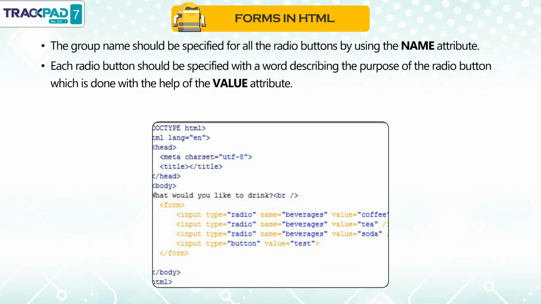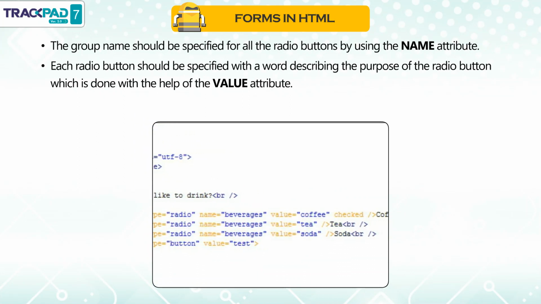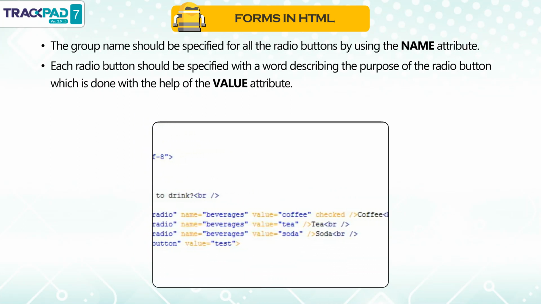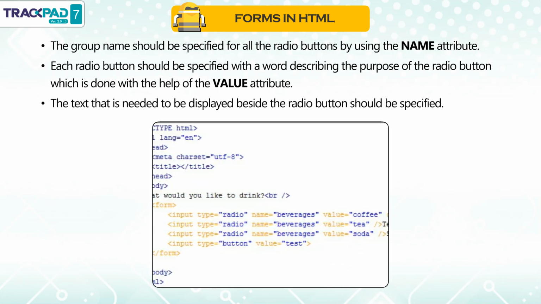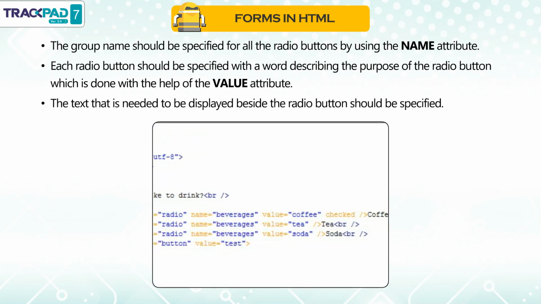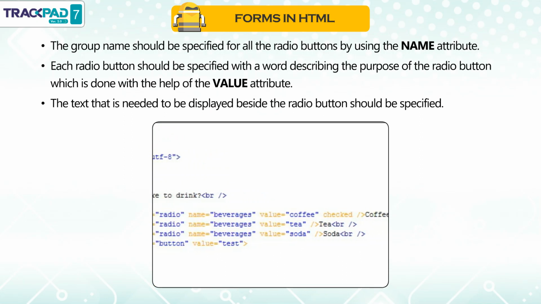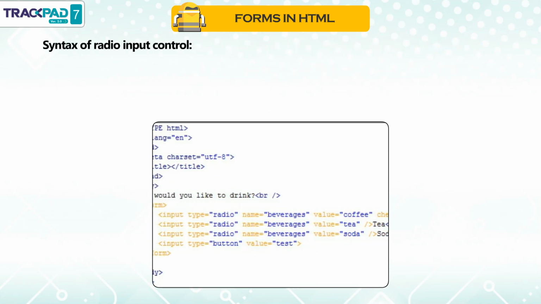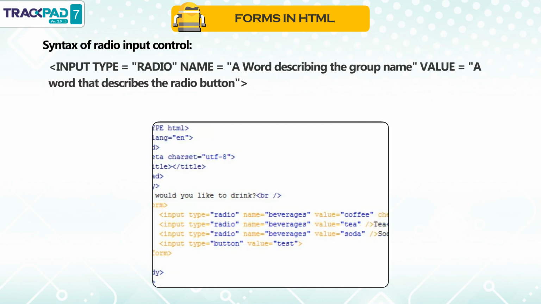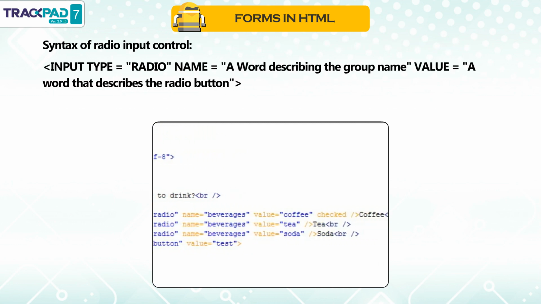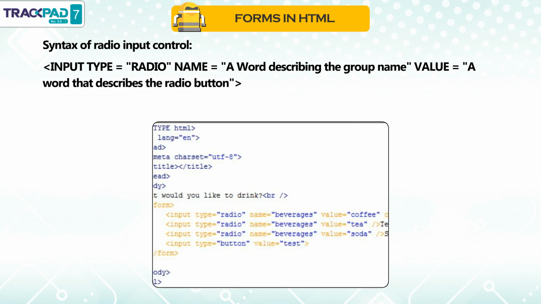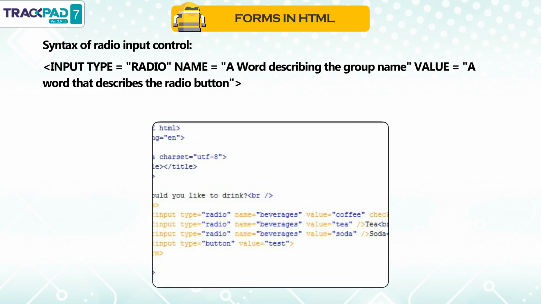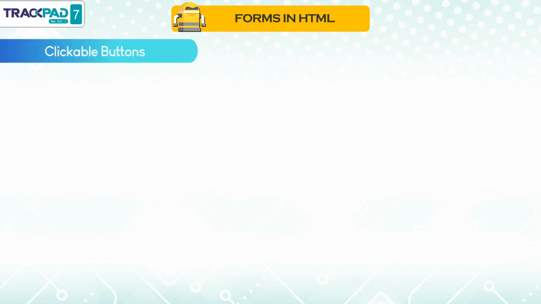Each radio button should be specified with a word describing the purpose of the radio button, which is done with the help of the value attribute. The text that is needed to be displayed beside the radio button should be specified. Syntax of radio input control. Input type equal to radio, name equal to a word describing the group name, value equal to a word that describes the radio button.